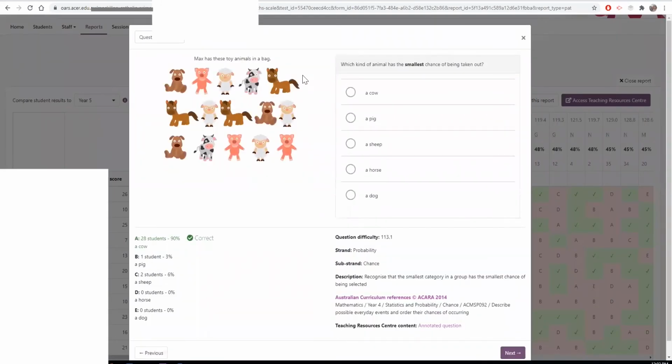All right, what kind of animal has the smallest chance of being taken out? And there is really no pattern for that. What I like is that you could actually talk to the students that got this one wrong and just see what their thinking is, just in case there is a misconception and it's not just a calculation error.